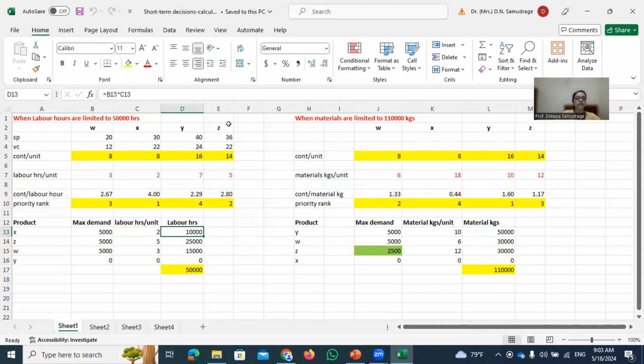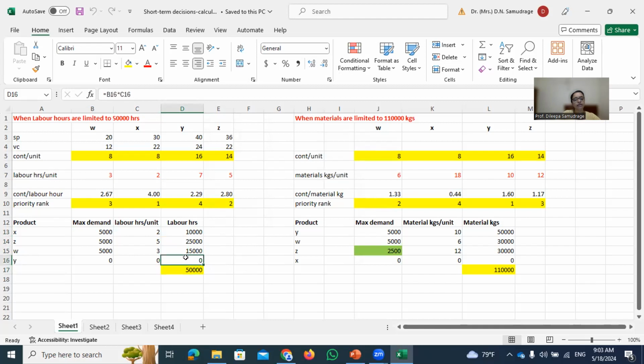Then secondly, you go to Z, right? Z's demand is also 5,000. To produce Z, you need 5 labor hours. Then you get 25,000. Then you go to W. Thirdly, it gives you the highest contribution. So 3 labor hours you need, you multiply it by 3. Then when you add, you can see you have already used the 50,000, right?